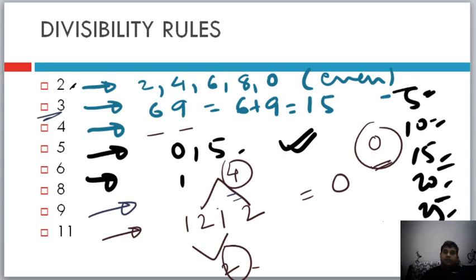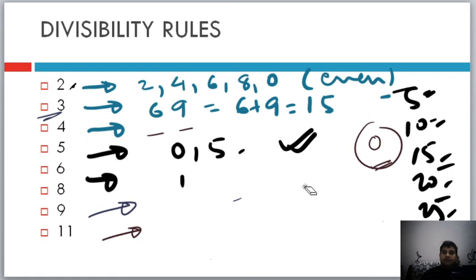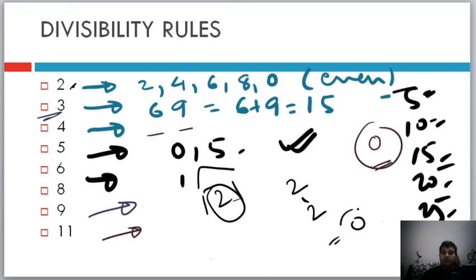Okay, so let me give you an example. Let's say 121. Odd digits are these, so 1 plus 1 is 2, and the even digit is this, so that is 2. So 2 minus 2 is equal to 0, which means it is divisible by 11.